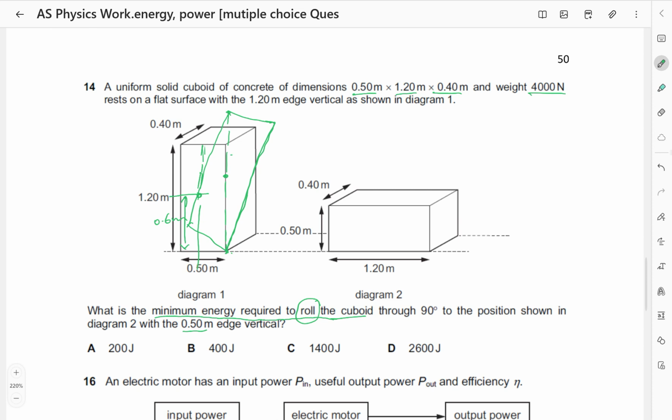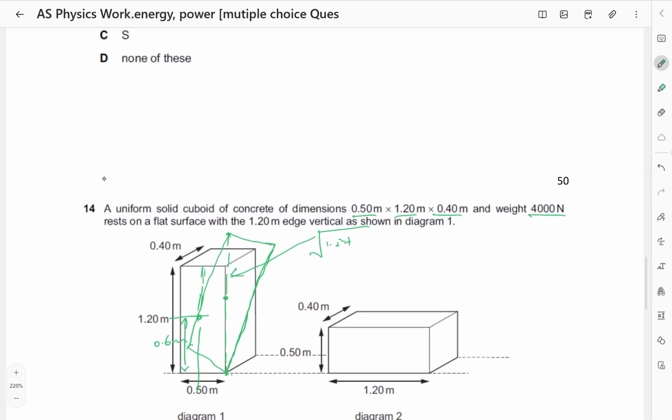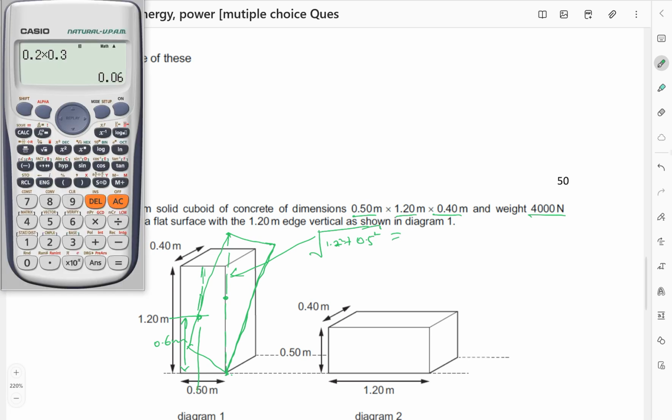So this diagonal line here is going to be the square root of, using Pythagoras theorem, 1.2 squared plus 0.5 squared. The square root of the answer is 1.3.